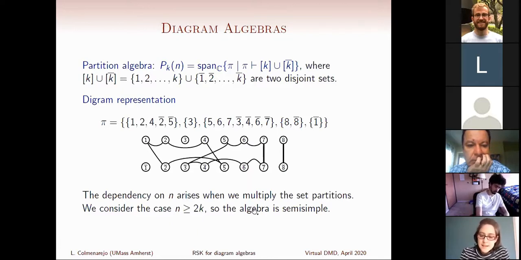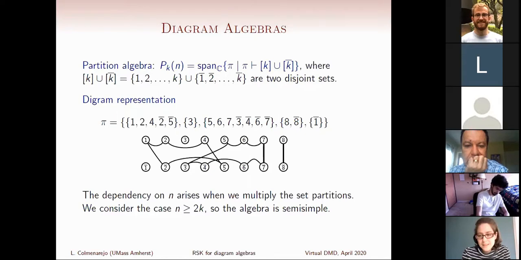So in this case, the algebra is really simple, but it also has many other nice properties, and in particular, you can say that it is isomorphic to some endomorphisms related to the symmetric group, and that's why we wanted it like this. And it will show up in a moment that we actually need n to be large.